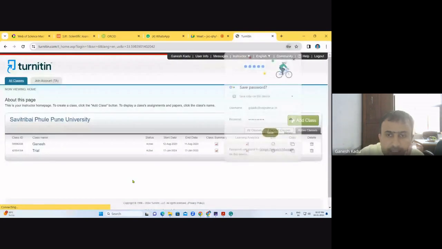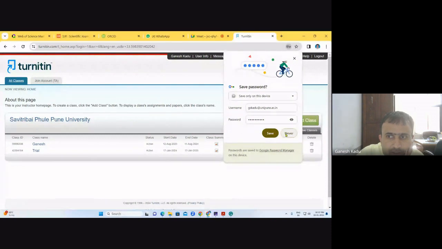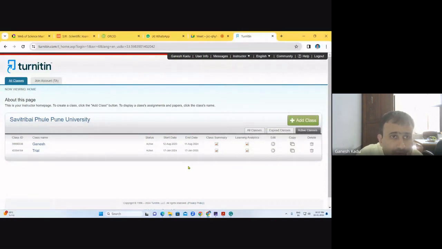I don't know if there is a free version of this Turnitin, but there are free packages also. Like I think Urkund is one such. I've never tried it, but you can try this.